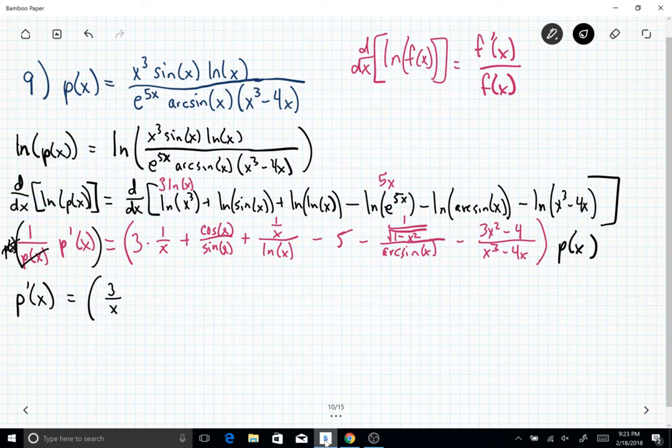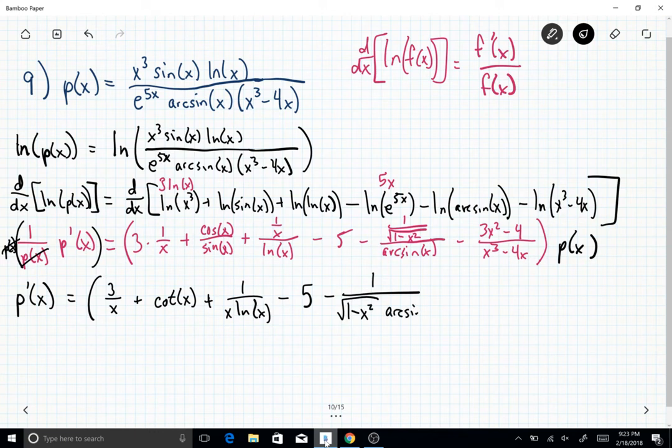You get 3 over x plus cosine of x over sine of x, which is cotangent of x, plus our next one, 1 over x natural log of x, minus 5, minus, we can move that square root of 1 minus x squared down below. So we get 1 over the square root of 1 minus x squared times arc sine of x in the denominator, minus, we can't do any factoring there, it seems, so we're just left with 3x squared minus 4 over x cubed minus 4x. And then all that's times p of x.